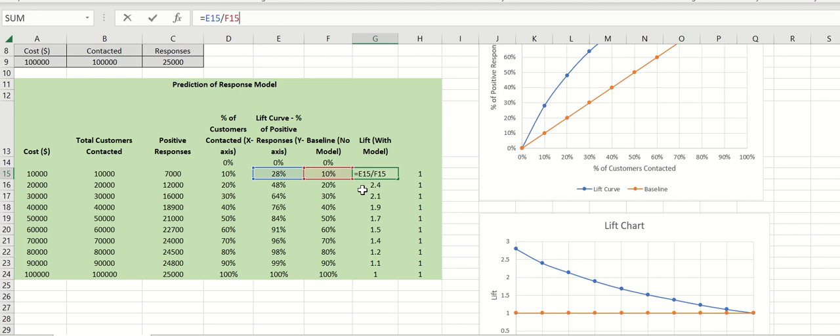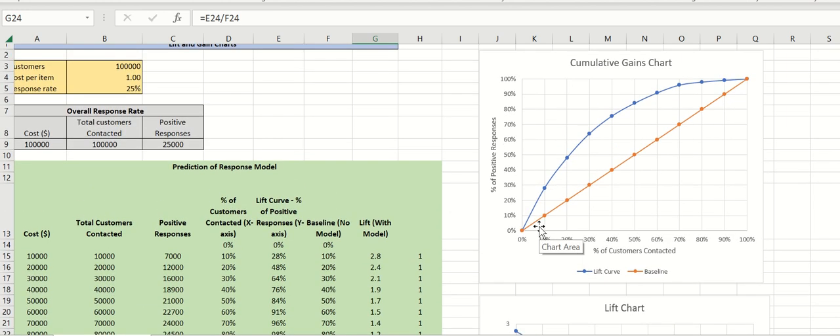And so basically our lift is pretty high early in our model, 2.8, and then it diminishes as we get closer to mailing out to all 100% of our customers. So it's kind of just two different ways to look at these responses from the model to help a marketing team decide what approach they should take.